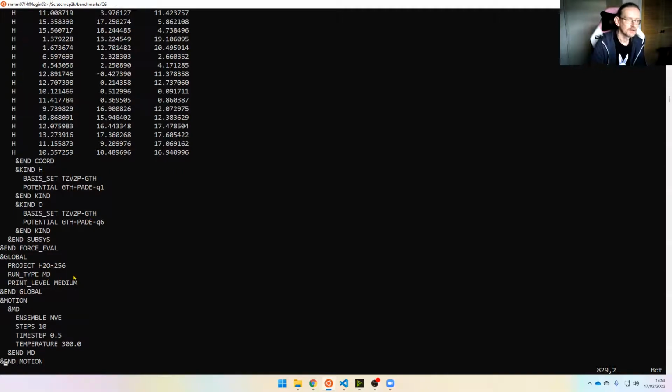Specify the run type, molecular dynamics, the geometry optimization. There's quite a detailed control over what you print out. And for instance, in MD, you can control the ensembles, temperature, etc.